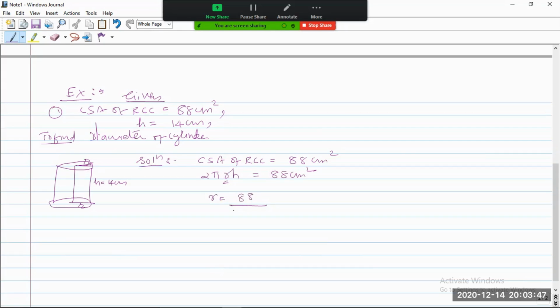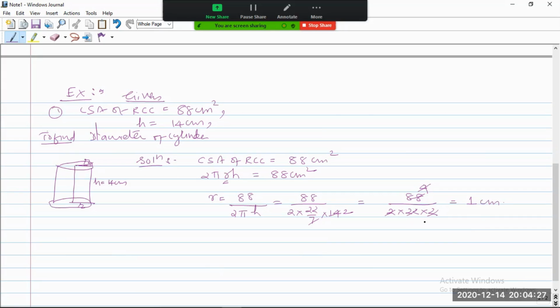It is 88 upon 2πh, which equals 88 upon 2 into 22 by 7 into 14. In the denominator we can simplify: 7 twos are 14, and it gives 88 upon 2 into 22 into 2. 22 fours are 88, and the 2 twos are 4 will cancel with this 4. So we have the radius as 1 centimeter.